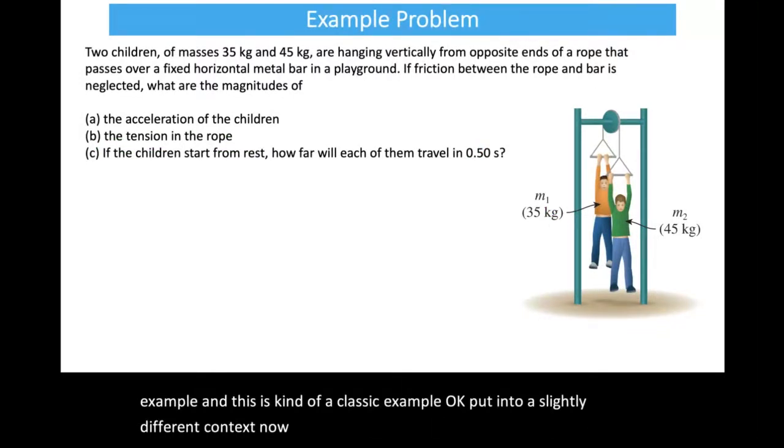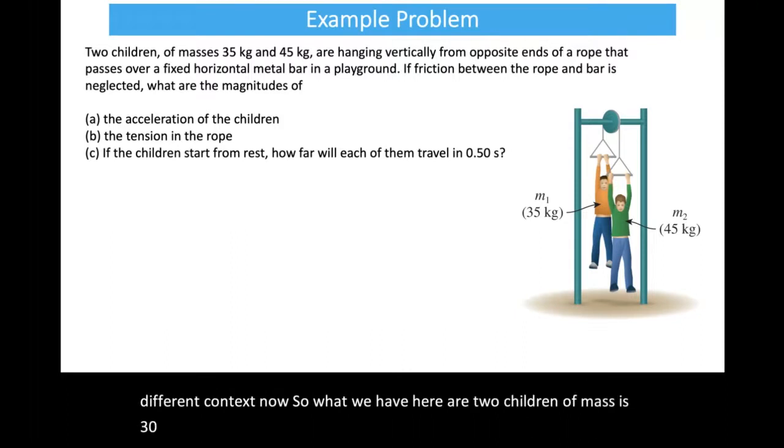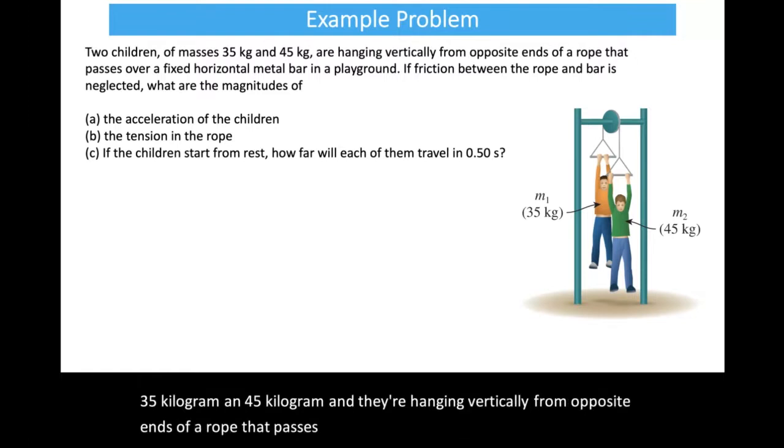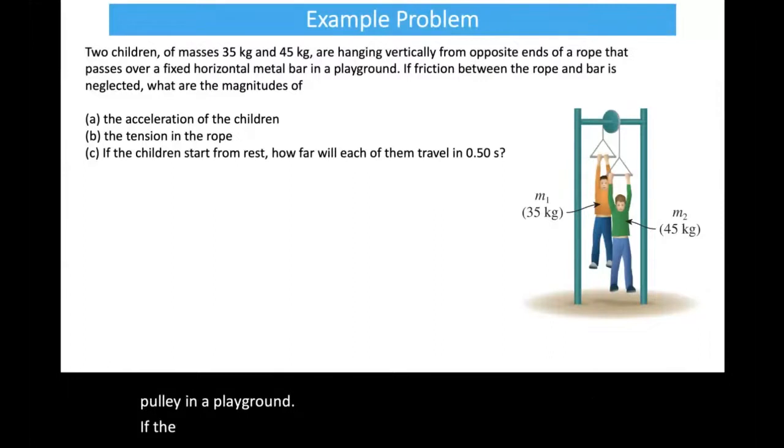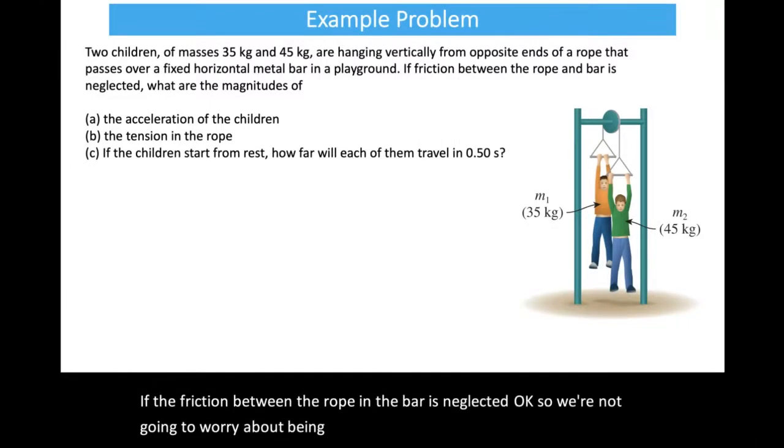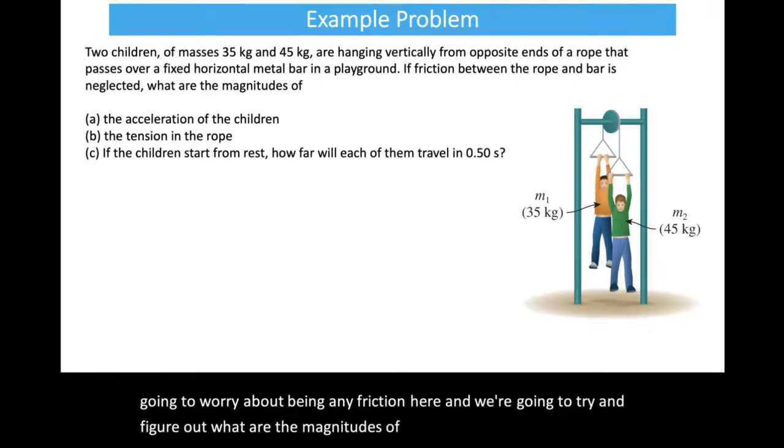So what we have here are two children of masses 35 kilogram and 45 kilogram, and they're hanging vertically from opposite ends of a rope that passes over a fixed horizontal metal bar, kind of like a pulley in a playground. If the friction between the rope and the bar is neglected, so we're not going to worry about there being any friction here, we're going to try and figure out what are the magnitudes of the acceleration of the children?